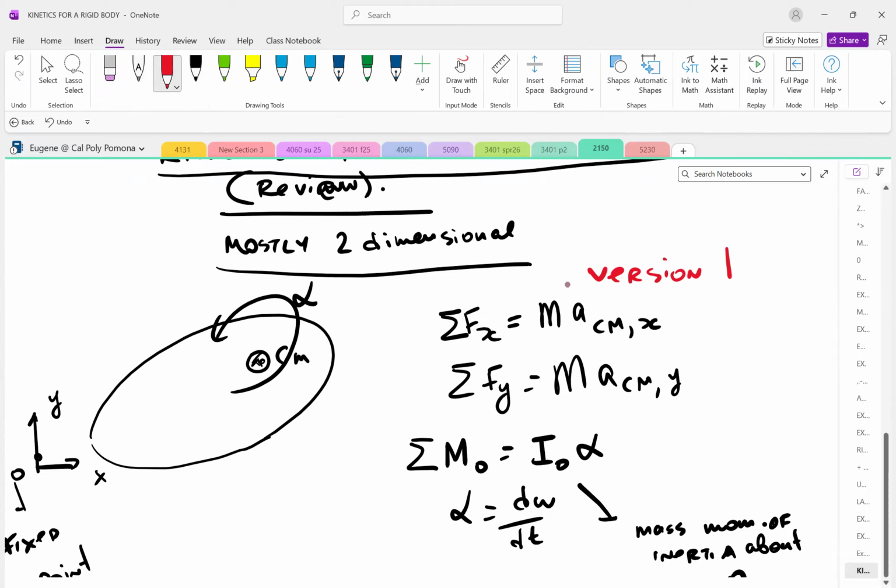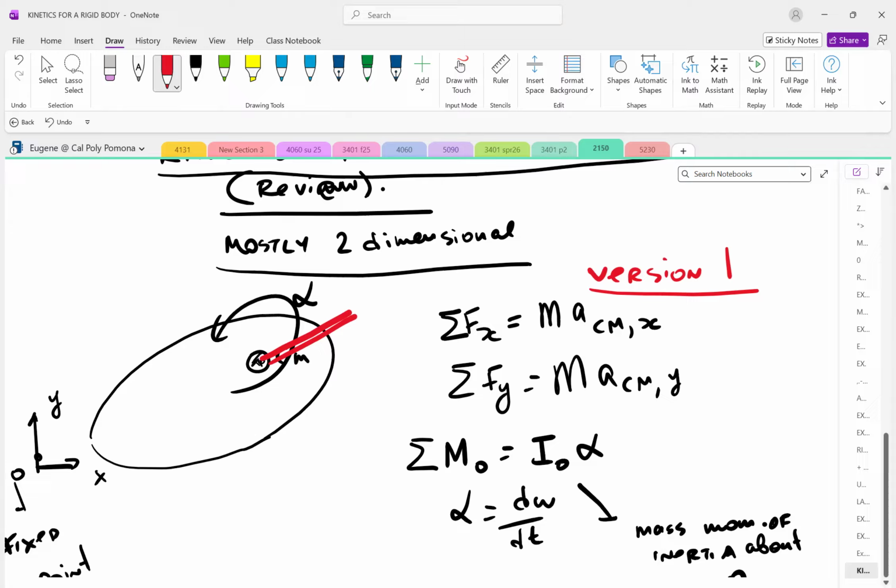You can use this if you know for sure that there is a fixed point. You can make this one more geometrical by showing it like this.